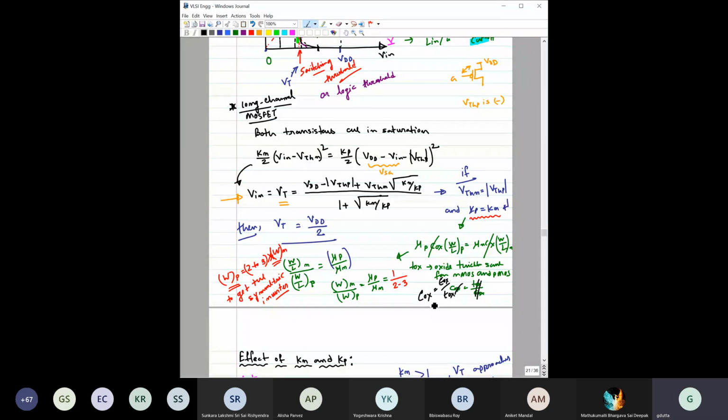The area is already divided here, so the unit of Cox is farad per centimeter square. Cox is the gate capacitance per unit area. Please correct it here. I wrote this yesterday. Thank you for correcting this, but you should have corrected it in the last class itself.